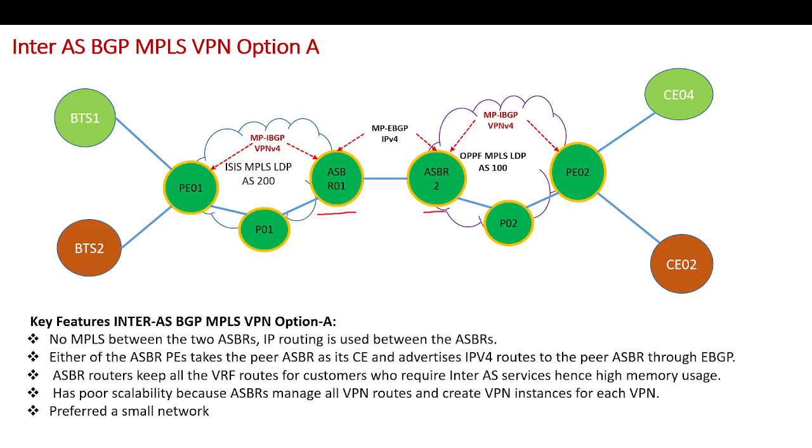In the implementations that I've seen, you have the ASBR as the RSG and also as the route reflector. So this one will be the RSG, and it will also be the RR. But you can have separate RRs in the network.